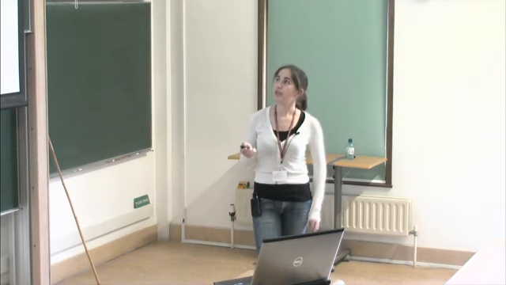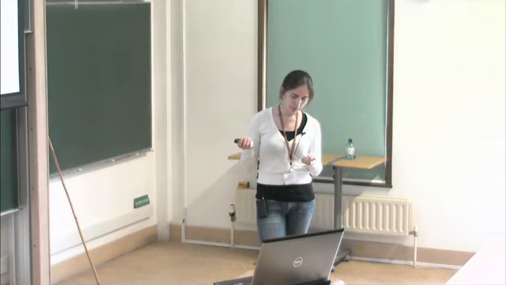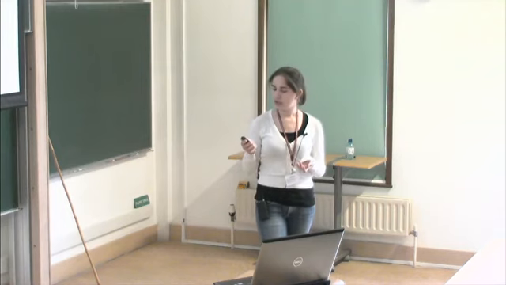So well, there are some pictures of my simulation with different aspect ratios. For all these simulations, we always calculate the nematic order parameter. But well, this doesn't tell us a lot, because the nematic order parameter is always between 0.01 and 0.04.